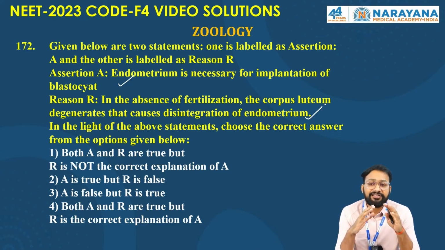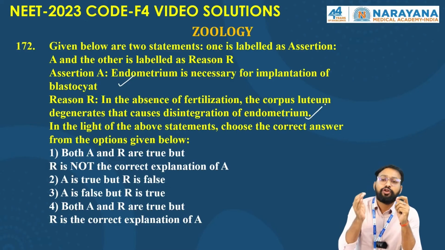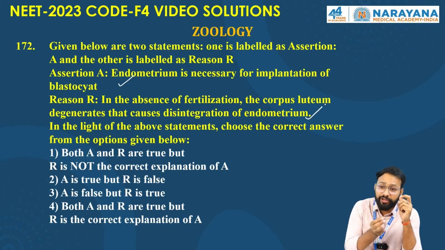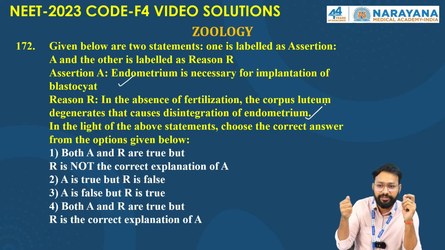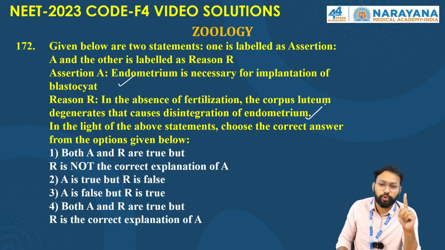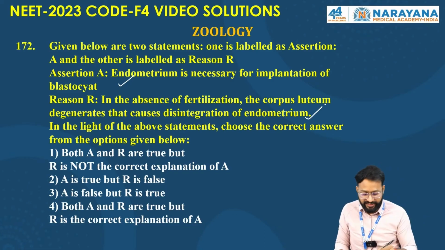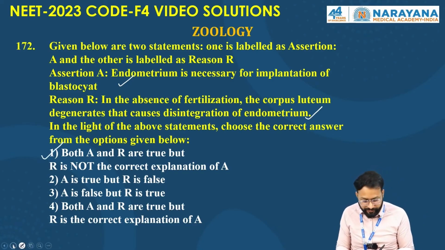But here it is not explaining the correct reason for the necessity. The correct reason should be endometrium is necessary for implantation because the blastocyst embeds into endometrium and gains nourishment. So both the statements are true, but it is not a correct explanation. So option 1.